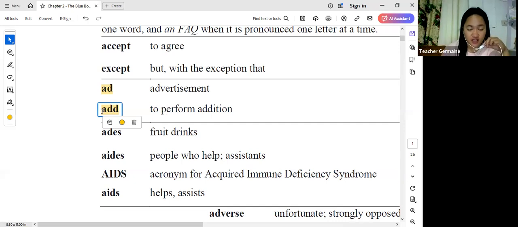You perform addition. But if teacher will say, Aaron, have you heard about the latest ad of the Blackpink concert? So advertisement, you have A, D, but if you mean performing an operation, addition, you say A, D, D.